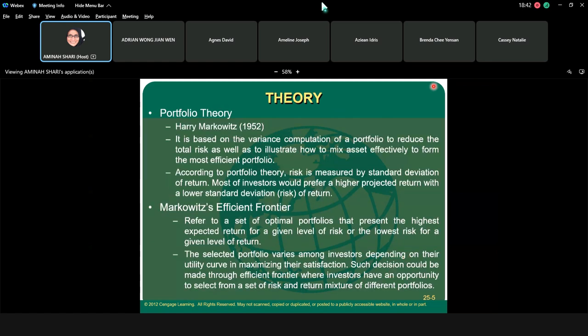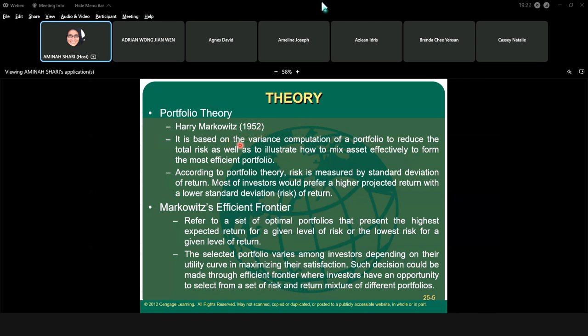Okay, first I'm going to explain about the theory. What are the theories related to portfolio performance? This is very important. If you want to write a good research paper, you need to include this portfolio theory, because the portfolio theory developed by Harry Markowitz in 1952 is a pioneer. He introduced the portfolio theory.